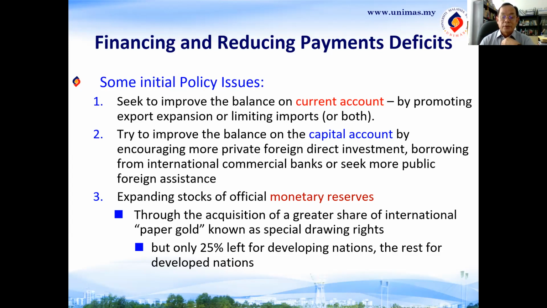So developed nations are the ones who benefited more. I guess they contribute more to the reserve anyway. So they have more rights to withdraw, and only 25% are left for the developing countries. Okay, so that's the issue.